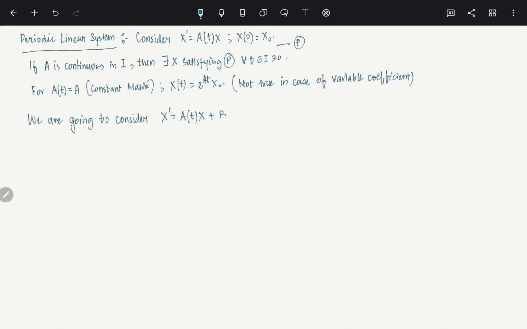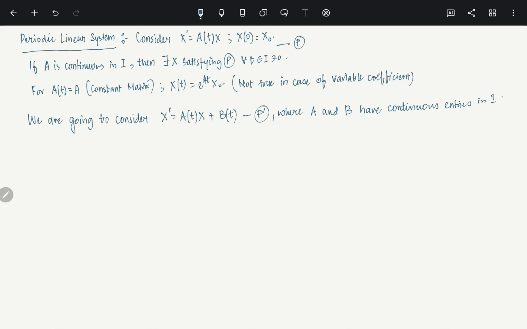Let's call this problem P prime, where we will assume that A and B have continuous entries in some interval I. So all the entries are continuous.